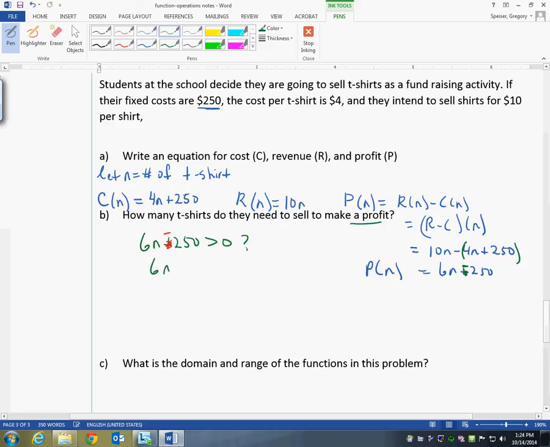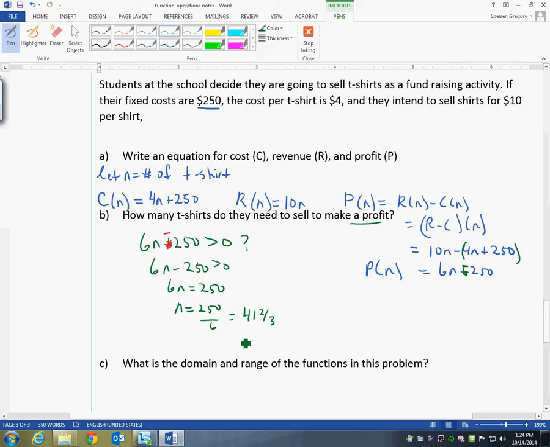6n minus 250 is greater than 0. So 6n is equal to 250. So n is equal to 250 over 6, 41 and 2/3. Now let's just think about this answer. Can you actually have 41 and 2/3 t-shirts?